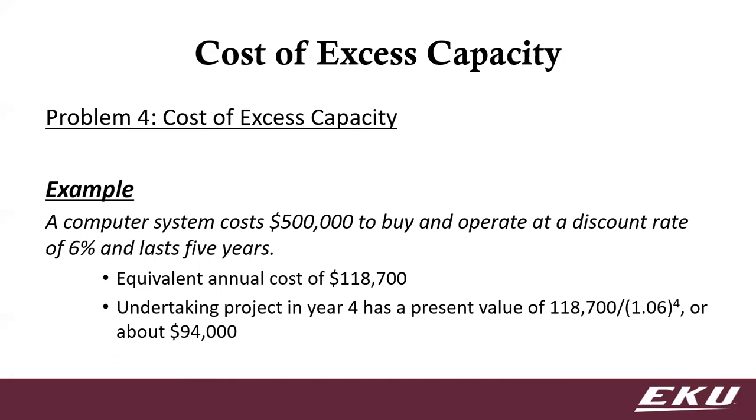And if you think about year 4, if you were to do the project then, the net present value of that today is $94,000. So we start thinking, okay, we overbuilt. How big of a deal is this? This is a way for us to put a dollar value on what that's costing.